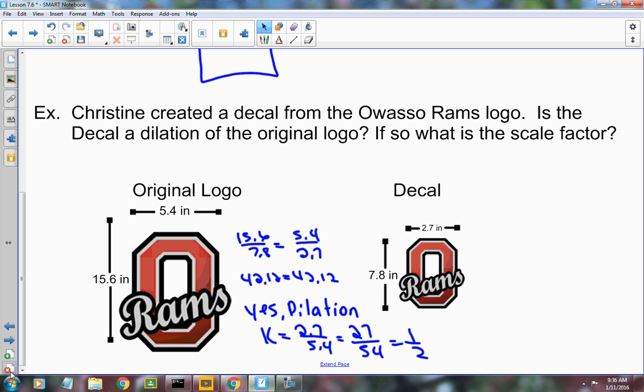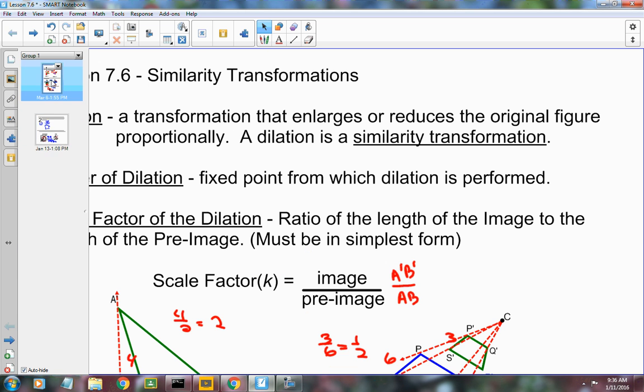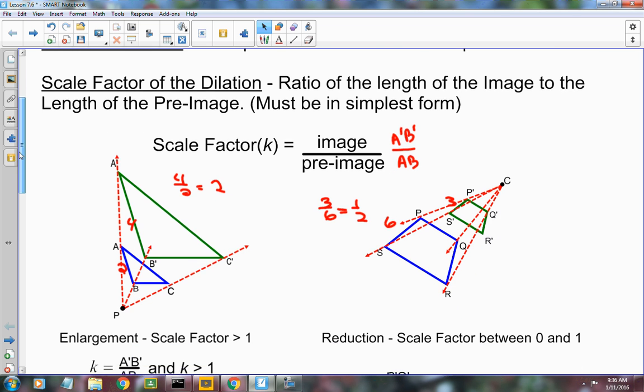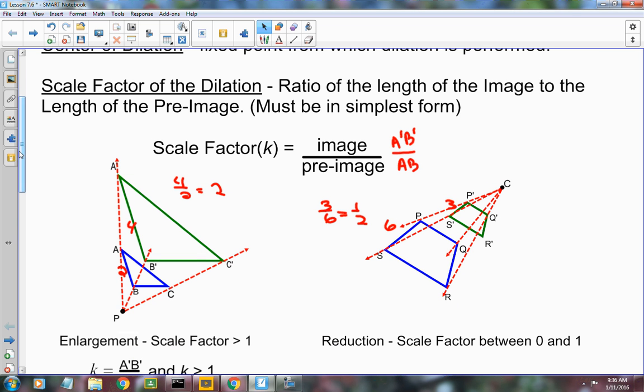Okay, so what does it mean to be a dilation? Okay, you reduce or enlarge proportionally, right? So the dimensions have to be proportional. And how do you find the scale factor? Image over pre-image.